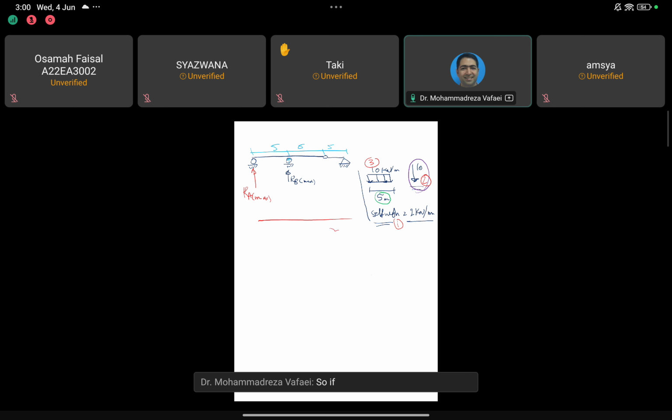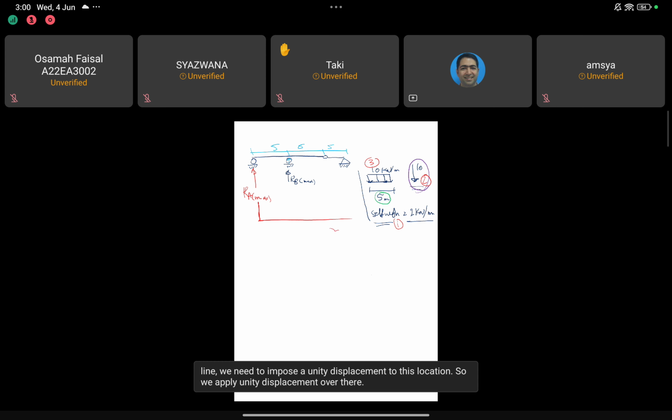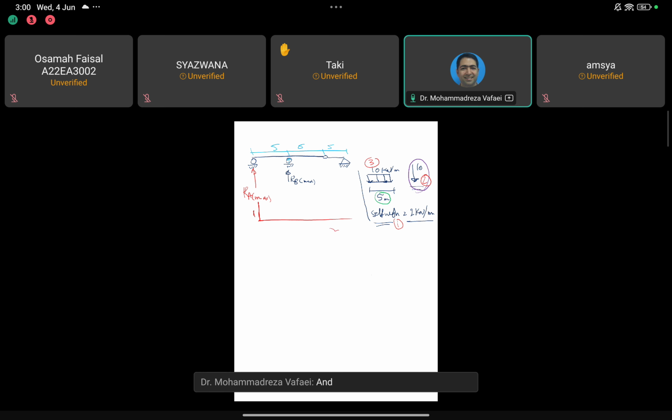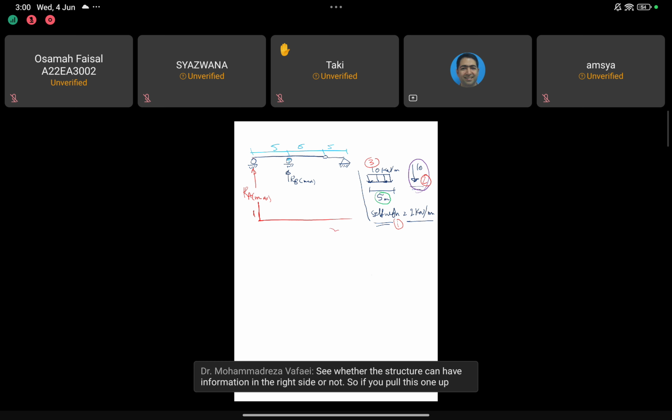If you want to draw the influence line, we need to impose a unit displacement to this location. So we apply unit displacement over there and see whether the structure can have deformation in the right side or not. If you pull this one up, this one cannot go up and down, but it can rotate.